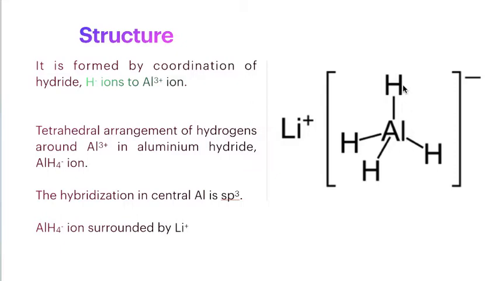There is a tetrahedral arrangement of hydrogens around Al3+ in aluminum hydride. It forms the AlH4 minus ion. This AlH4 minus ion is surrounded by Li plus. In lithium aluminum hydride, the aluminum is sp3 hybridized.